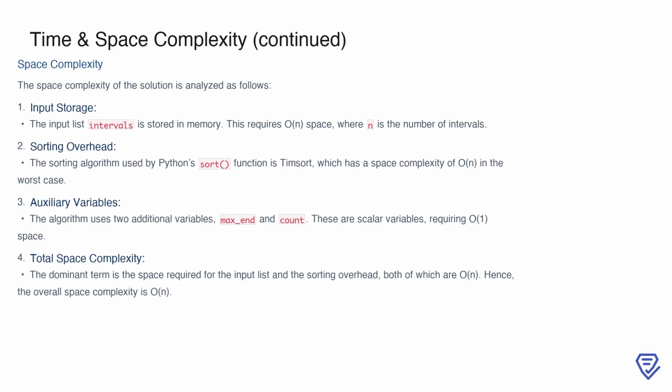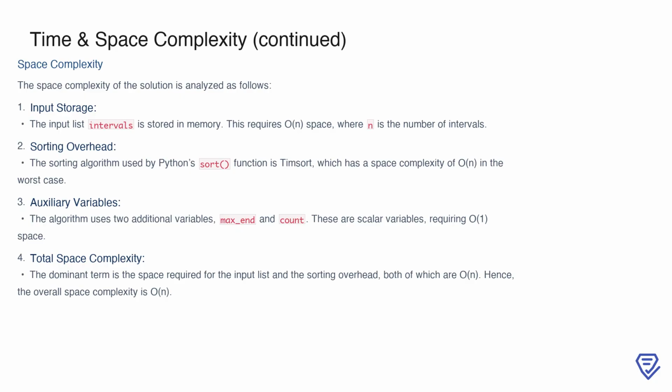Now, looking at the space complexity, we start by considering the input storage. The input list intervals itself requires n space because it holds n intervals. Next, the sorting operation introduces some overhead. Python's timsort algorithm, which is used for the sorted function, has a worst-case space complexity of n.